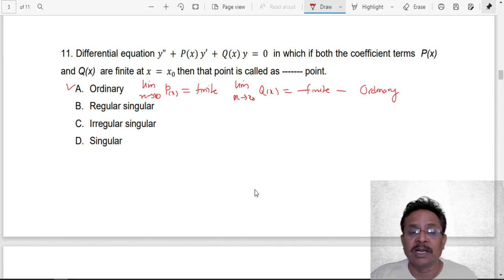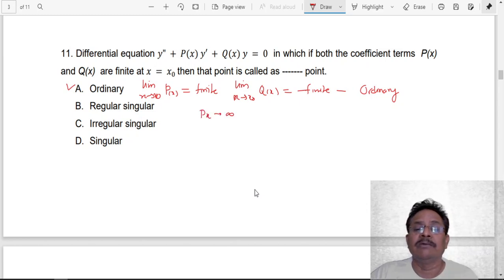Then similarly, there are regular singular and irregular singular cases, these types of cases here. If p of x as well as q of x diverges, or one of them diverges, then such a point is said to be a regular singular point at x equal to x0.